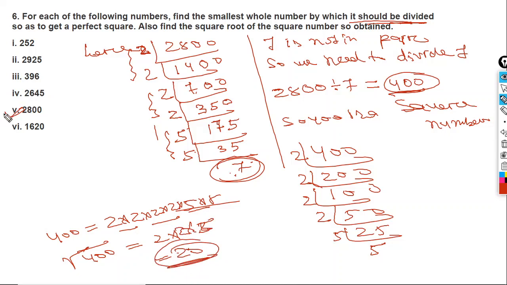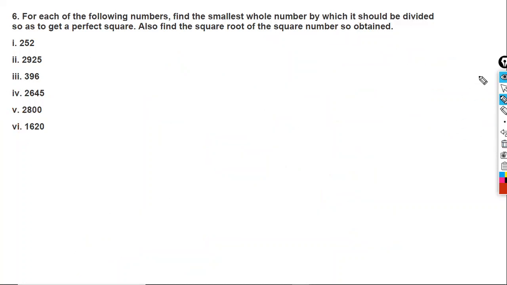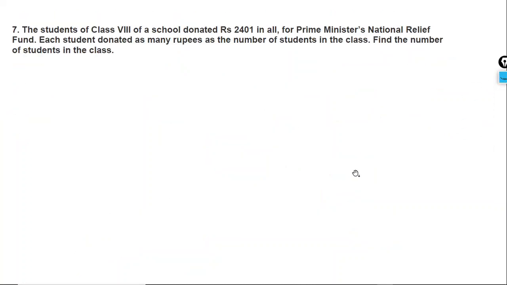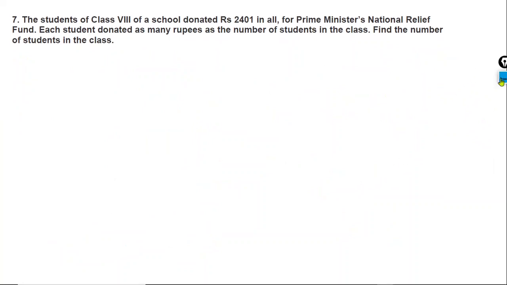Okay, in this way you can solve, and you try to solve all the other problems in a similar fashion. Okay, next question, question number 7. The students of class VIII of a school donated 2401 rupees in all for the Prime Minister's National Relief Fund.